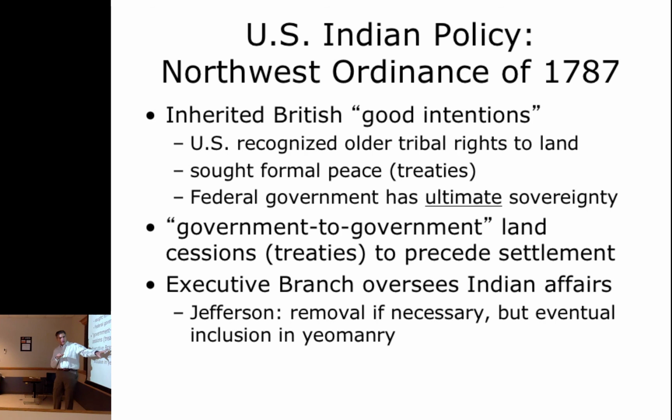Initially, the executive branch was overseeing Indian affairs, but ultimately the United States Congress would have what's referred to as plenary authority, ultimate authority over Indian affairs. Some of you have actually been in the Indian country class, and you've seen the wording in the Northwest Ordinance. It actually follows from the Treaty of Greenfield in 1795 or 1785, right?